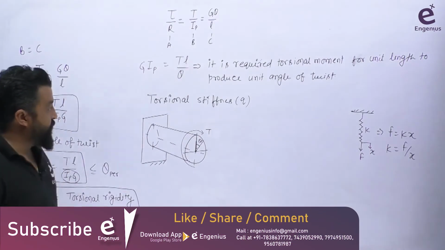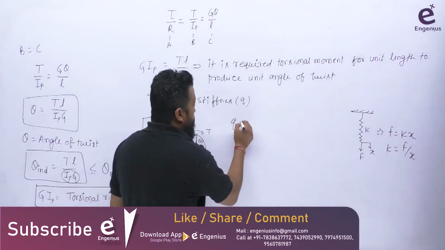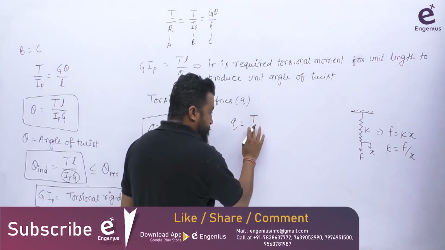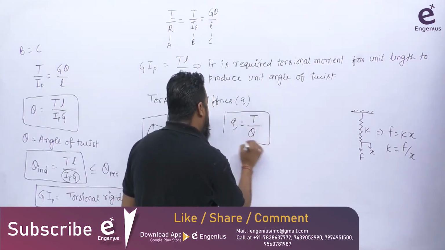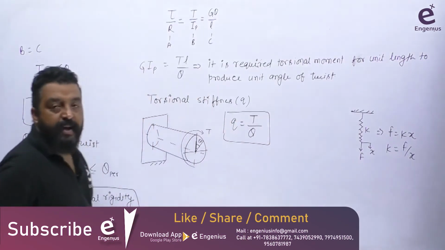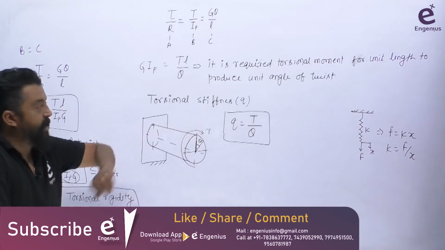So to define the torsional stiffness Q, the required quantity is the torque and the displacement will be theta. This is how we define the torsional stiffness in case of a shaft. The formula is T by theta.